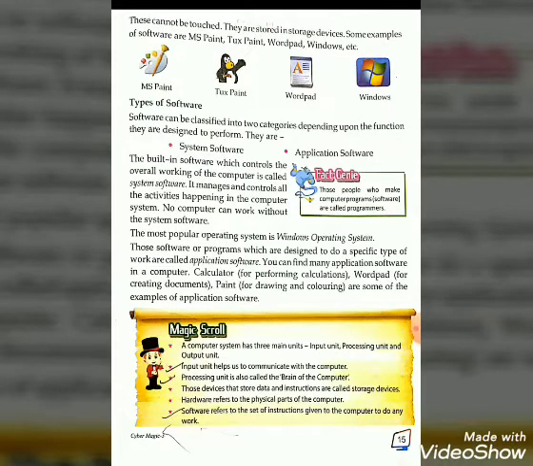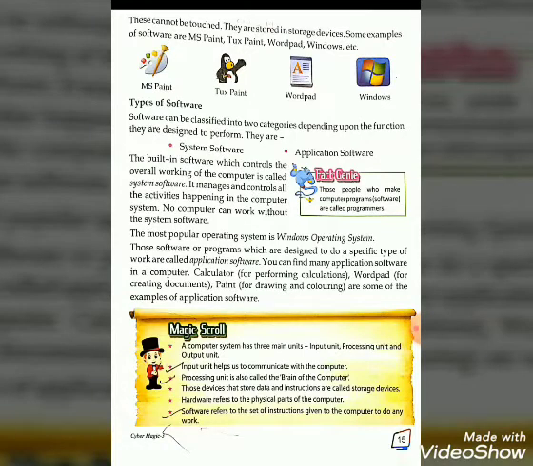Those software or programs which are designed to do a specific type of work are called application software. Earlier we have studied that software that controls the overall working of the computer is called system software.